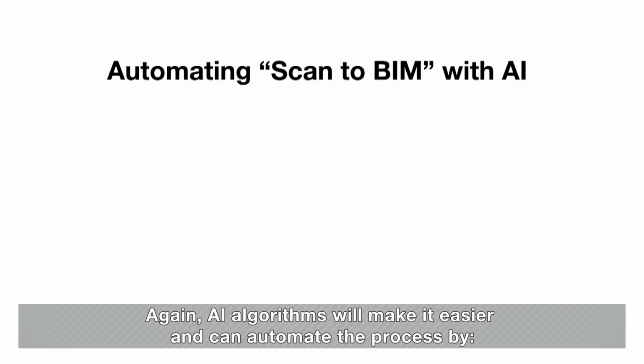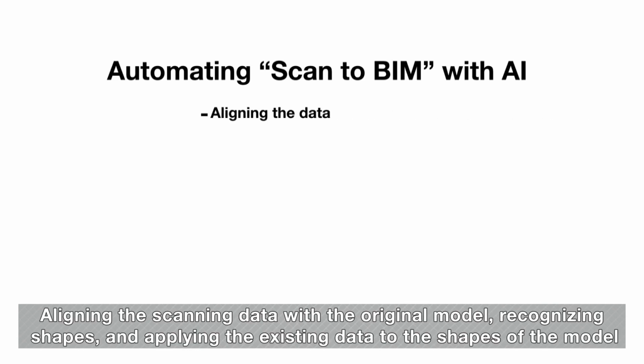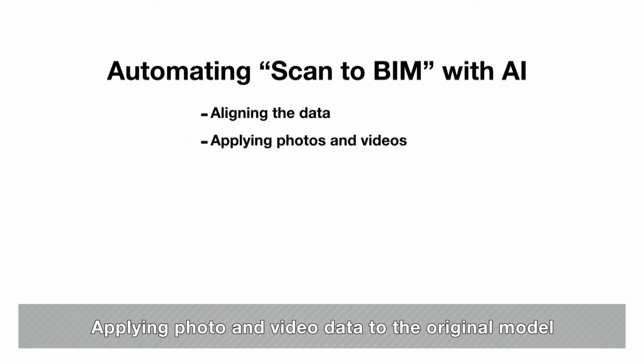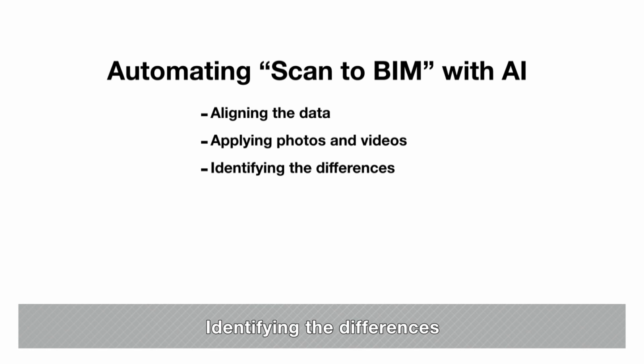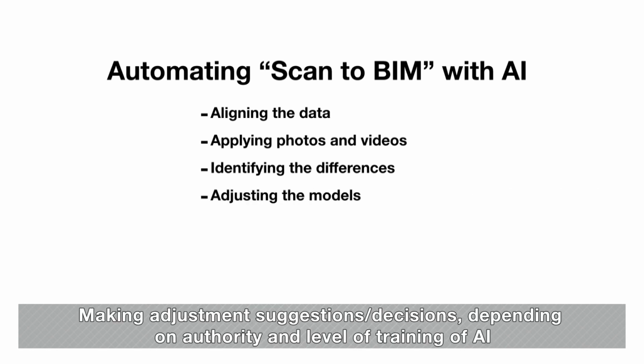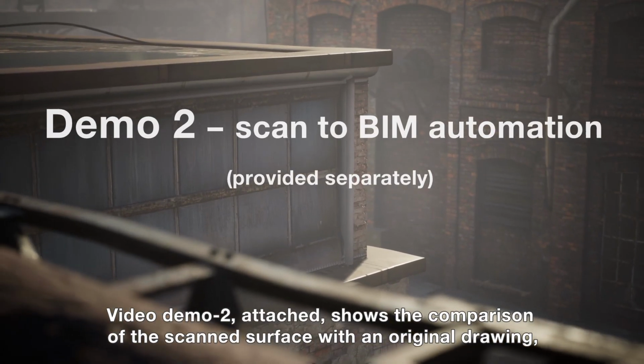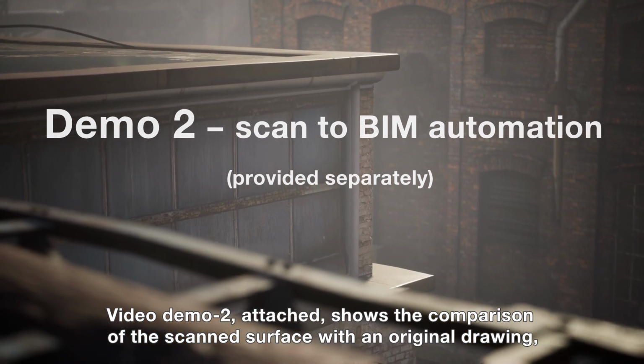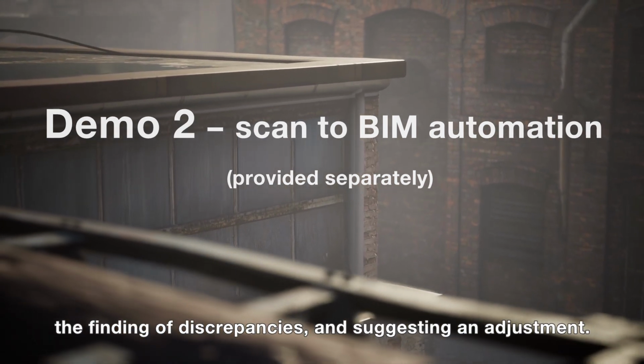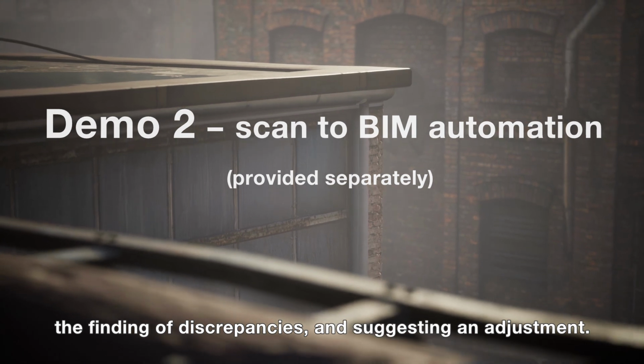Again, AI algorithms will make it easier and can automate the process by aligning the scanning data with the original model, recognizing shapes and applying the existing data to the shapes of the model, applying photo and video data to the original model, identifying the differences, making adjustment suggestions, decisions depending on authority and level of training of AI. Video Demo 2, attached, shows the comparison of the scanned surface with an original drawing, the finding of discrepancies, and suggesting an adjustment.